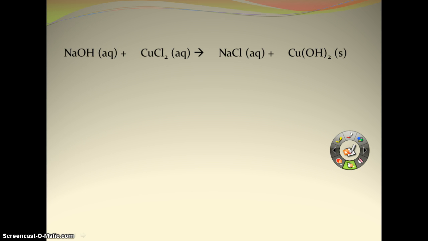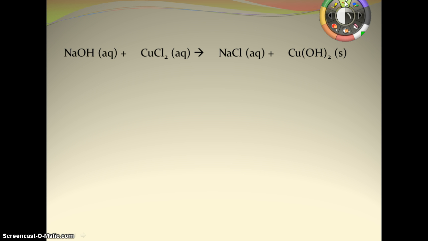So if we look at this reaction, sodium hydroxide plus copper(II) chloride yields sodium chloride plus copper(II) hydroxide. First thing we're going to want to do is balance this reaction. So take a moment to do that.